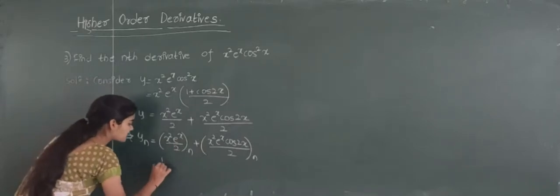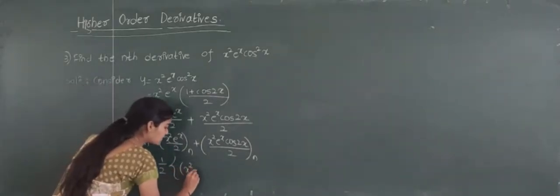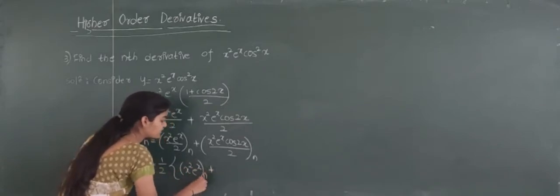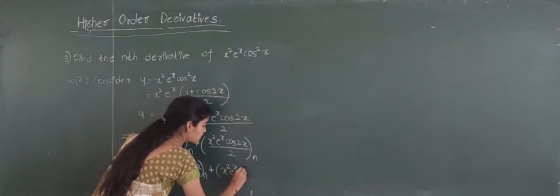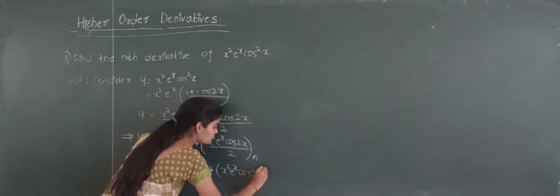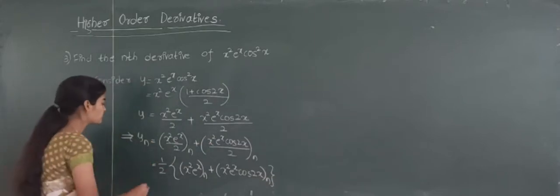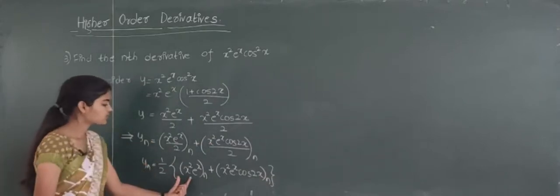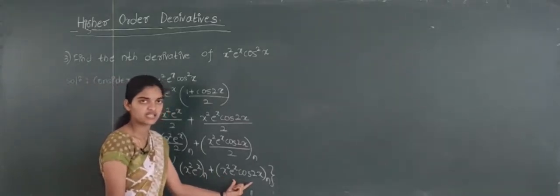So here I will write 1 by 2 in bracket: nth derivative of x square e raised to x plus nth derivative of x square e raised to x cos 2x. So this is our term. Now next, what do we have to do here? First we have to find the nth derivative of this first term, and then we will go for the second one.